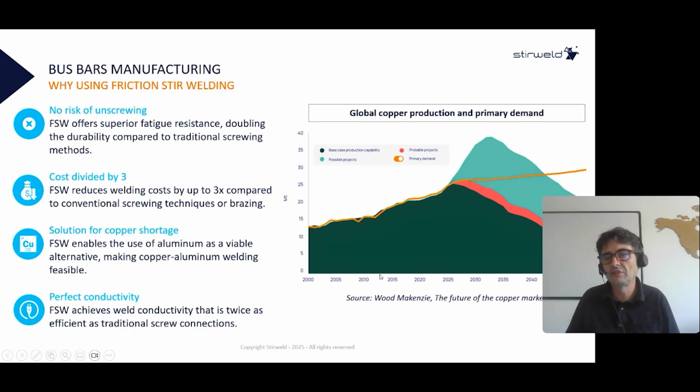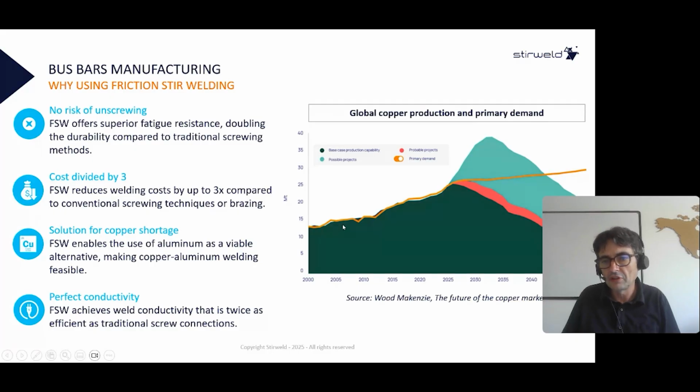Here there is an interesting curve where on the horizontal line we have the timeline, and on the vertical line we have the production in megatons of copper. This is worldwide, and you can easily find this result on the internet. There are two important results.